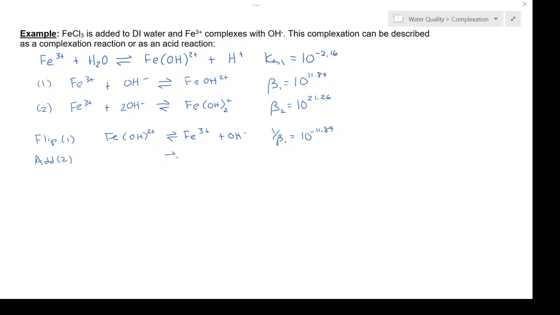When I add the second reaction, I can see that one of the hydroxides cancels out.